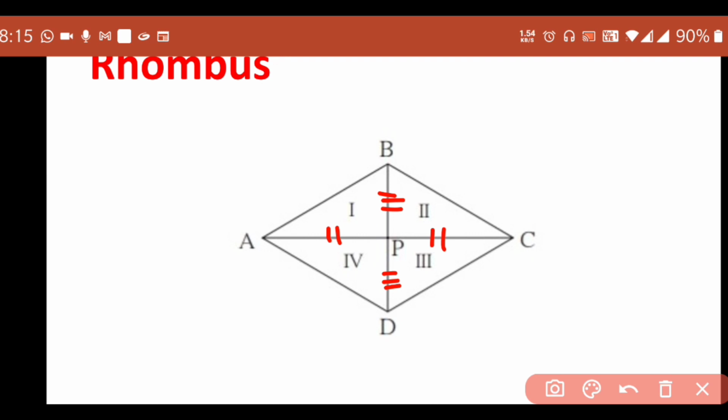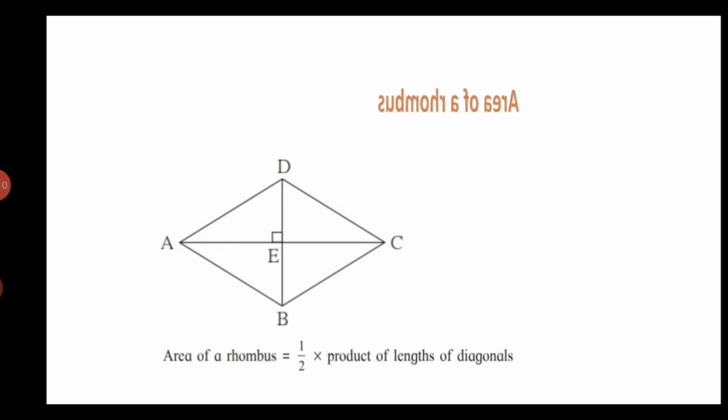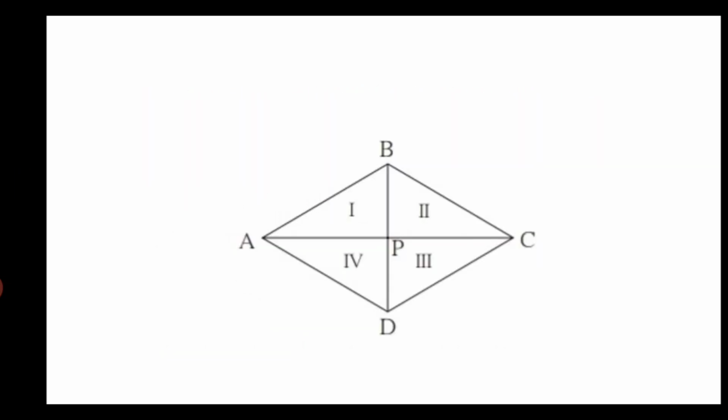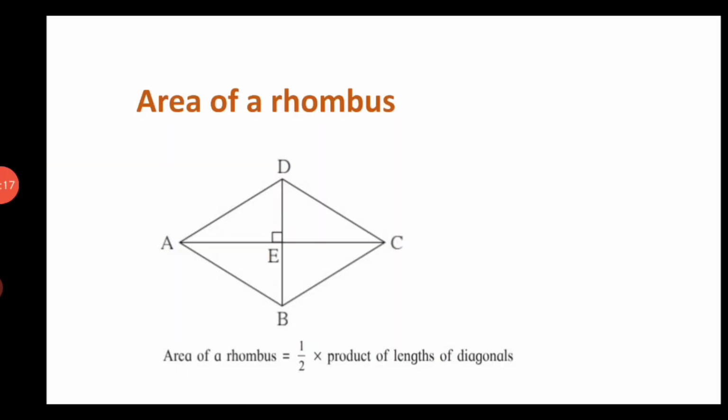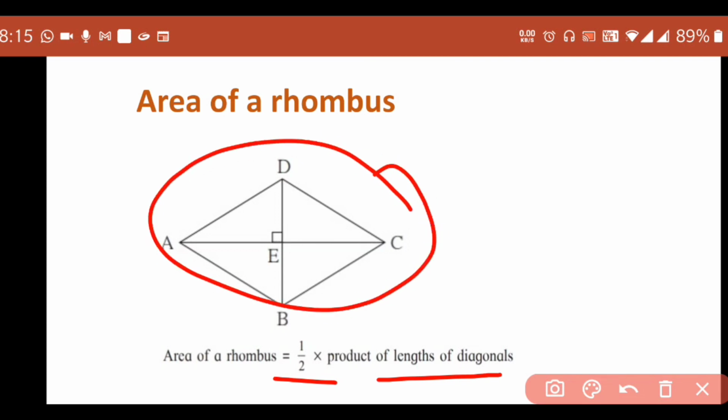Now let us see the formula for area of rhombus. The area of rhombus formula is half multiplied by the product of lengths of diagonals. Now, if we want to apply the formula to this particular rhombus, how can we write it?